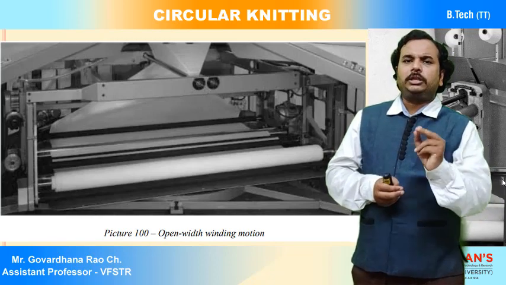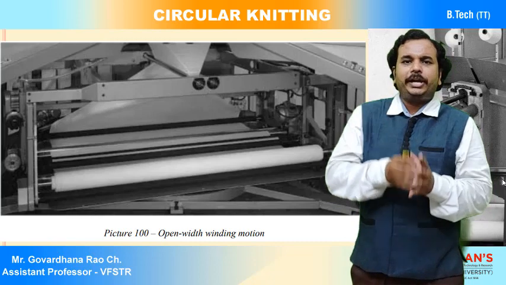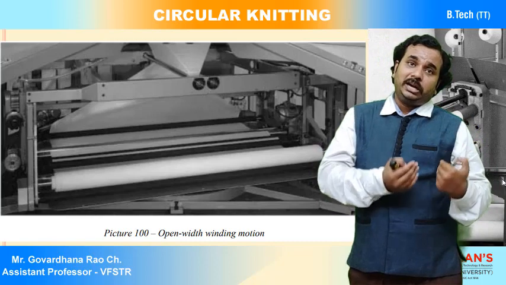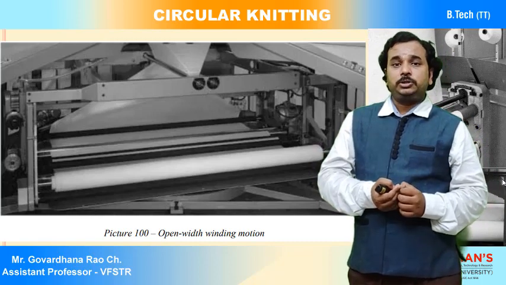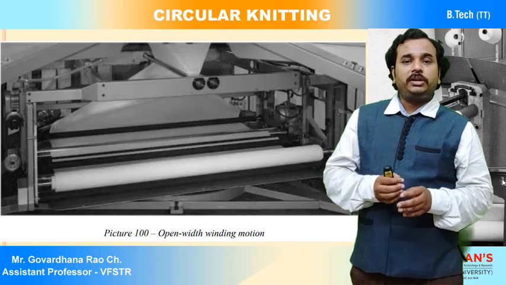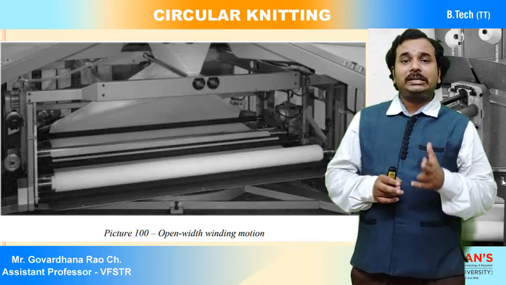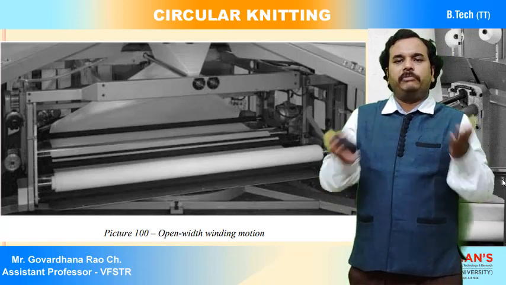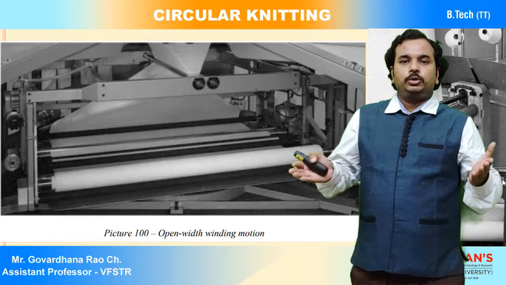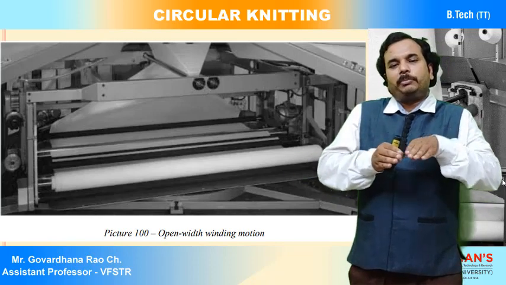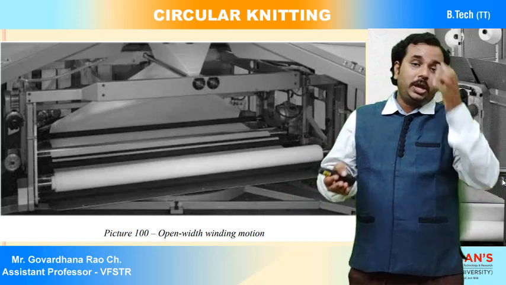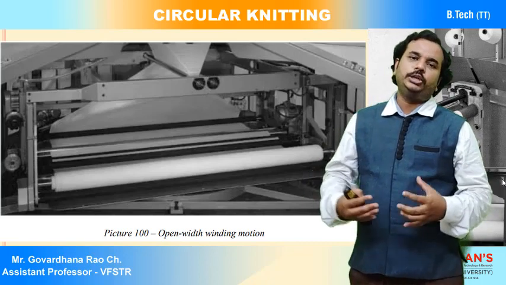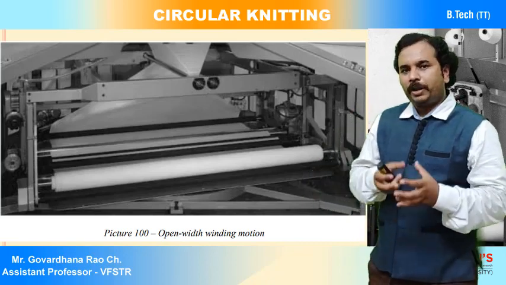It is a simple cutting mechanism provided at the bottom side of the knitting machine, after the takedown rollers. The tubular fabric is cut along the length direction, so that the fabric becomes open width, and this fabric is wound into the cloth roller. So we wind in open width form into the cloth roller. That is why it is the open width winding machine.